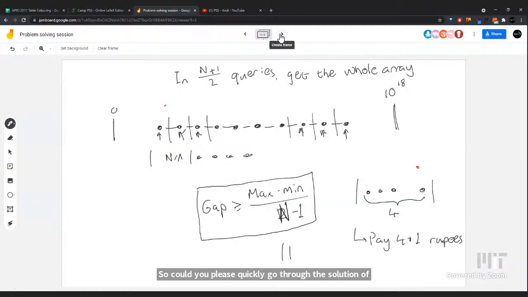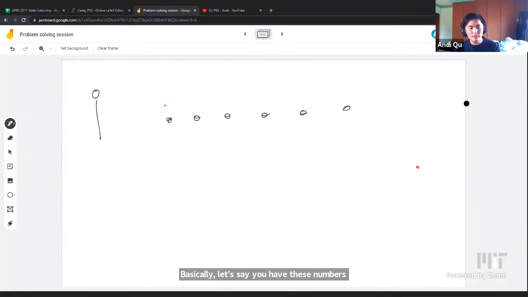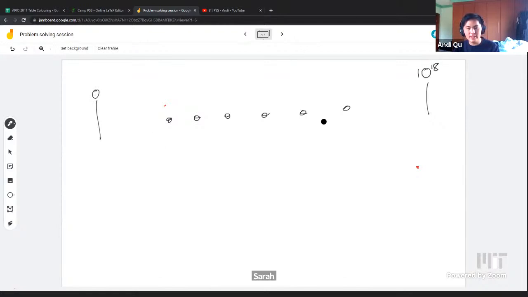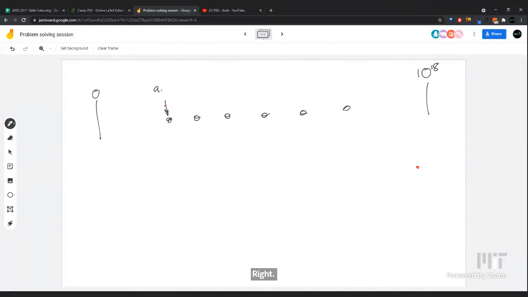Oh, okay. So part 1, basically, let's say you have these numbers. The first query is you query 0 and 10 to the 18, because you know that all of them are in this range. This query gives you A1 and AN. The next query is you query A1 plus 1 and AN minus 1, and that gives you A2 and AN minus 1.